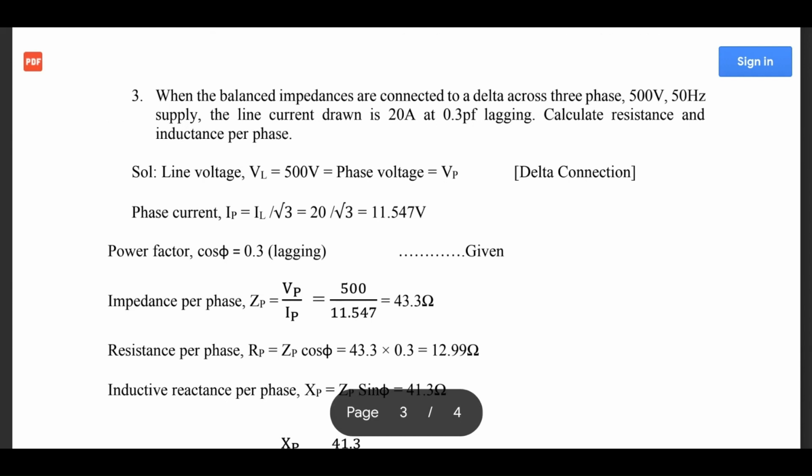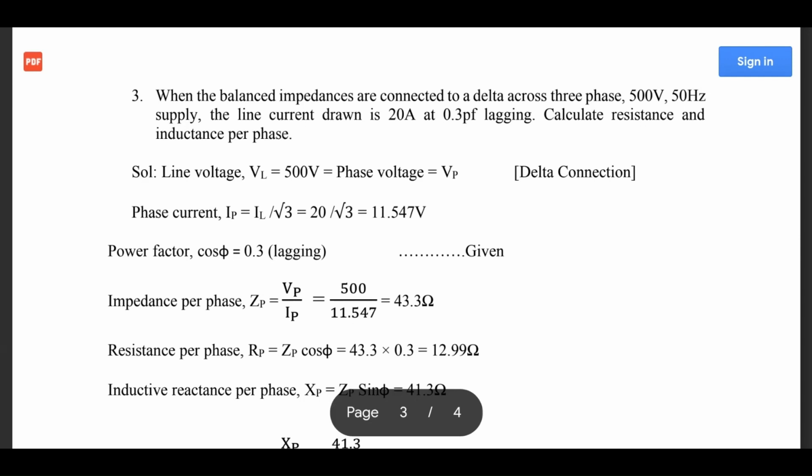A 500 volts 50 hertz supply is given, and the line current drawn is 20 amperes at 0.3 lagging power factor, and we have to calculate the resistance and inductance per phase. So here the supply voltage is line voltage, which is given as 500 volts, and in the delta connection the line voltage and phase voltages are the same.